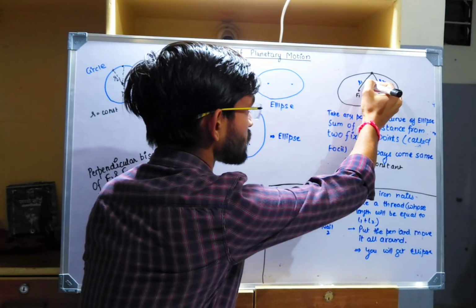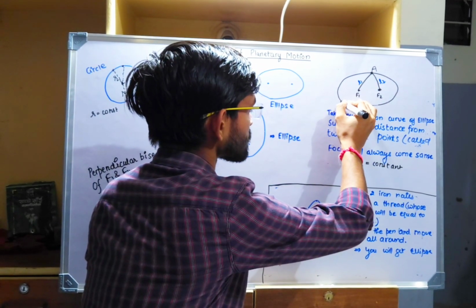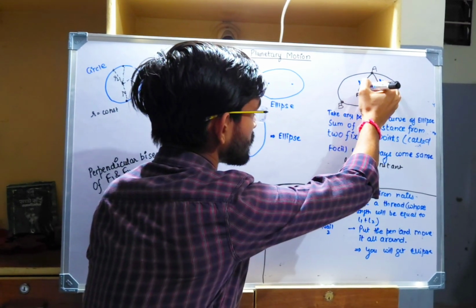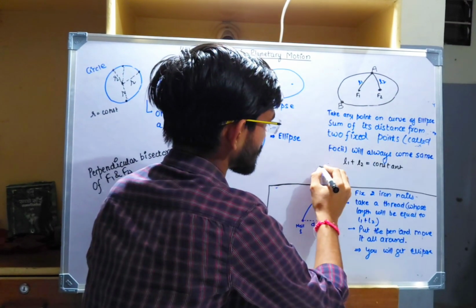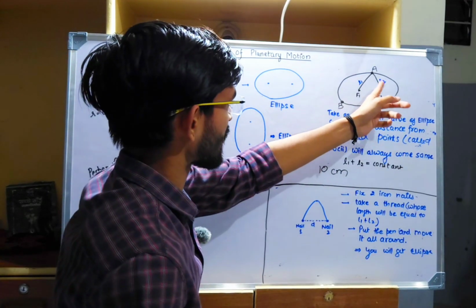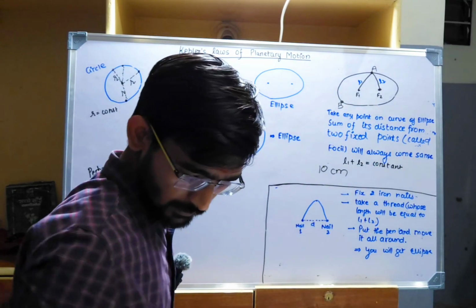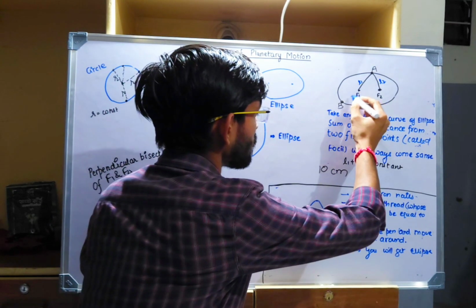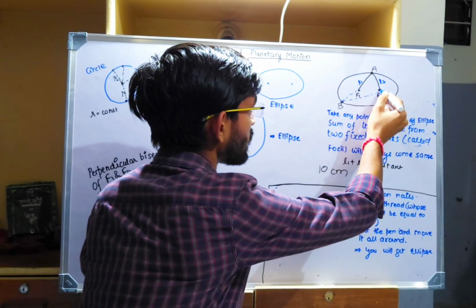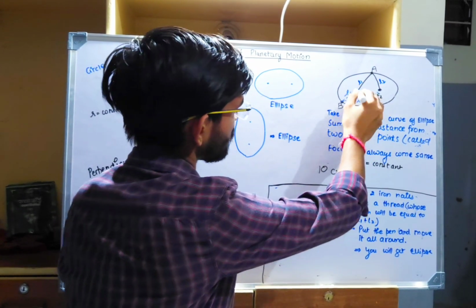Like if this is point A, and I am taking this point B, and for point A, if this length plus this length, L1 plus L2, is 10 centimeter, then if you join point B with F1 and point B with F2, this one will be L1 and this one will be L2.